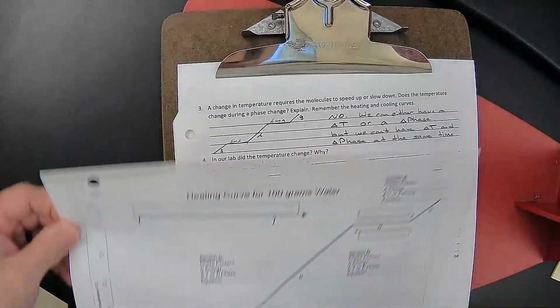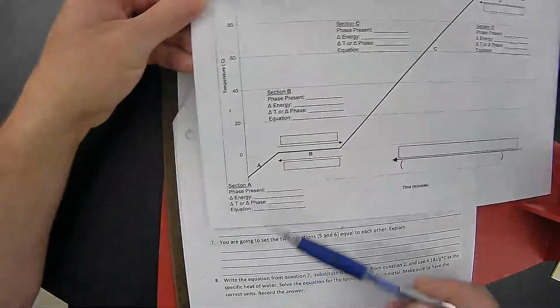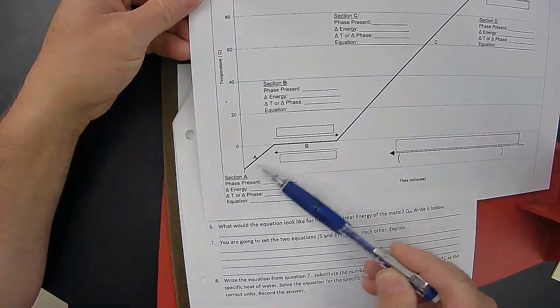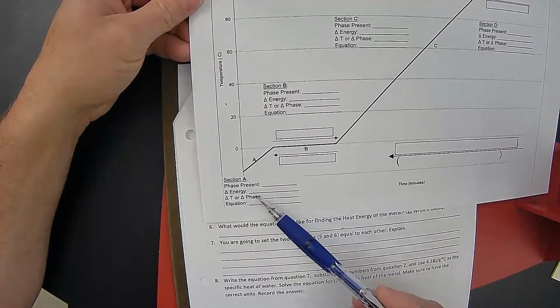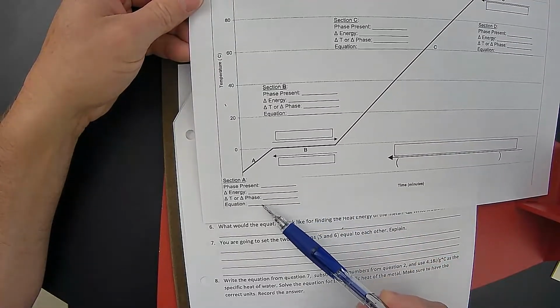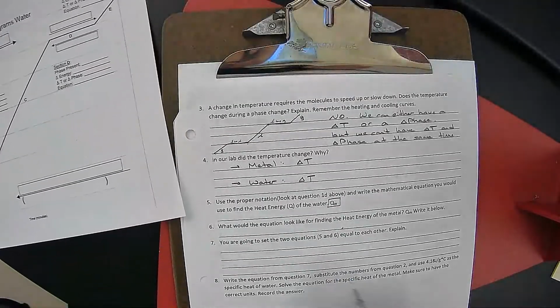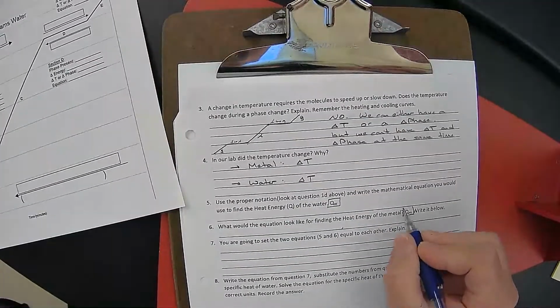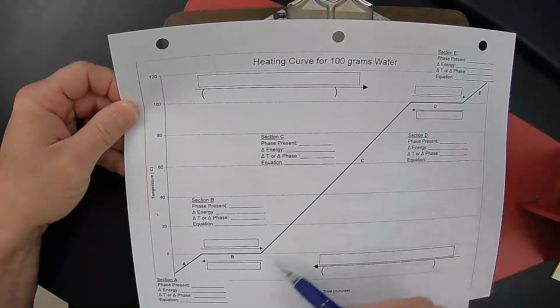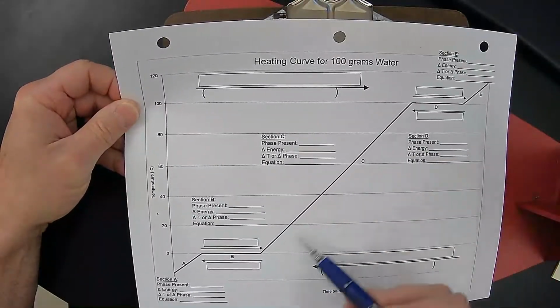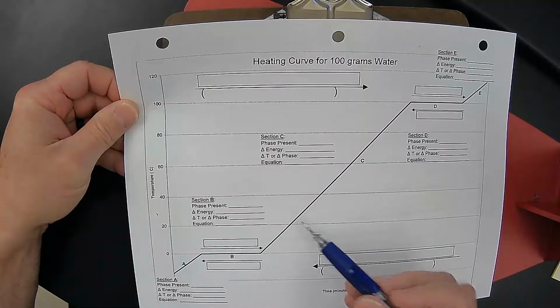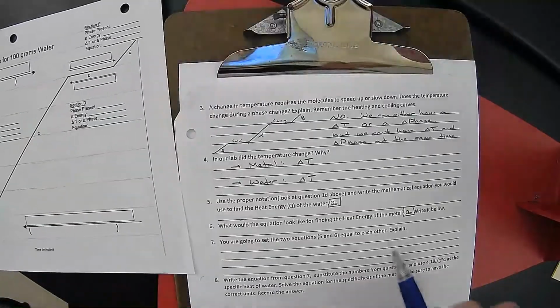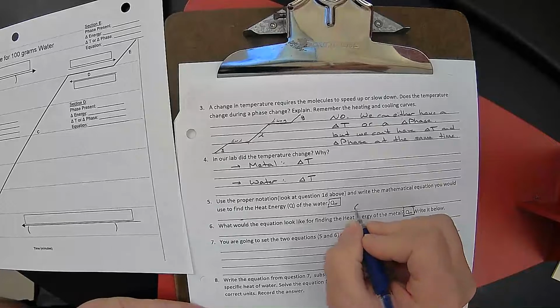Let's look at the metal first. The metal change in temperature is down here because it's a solid. When we look at the equation for the change in temperature of the metal and the water, let's go to the water first. Here's the water. The change in temperature of the water is in section C because it's a liquid. And when we look at that equation, the equation looks like this.